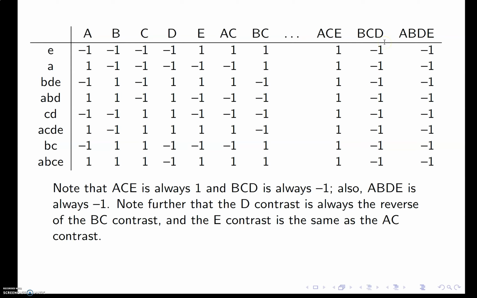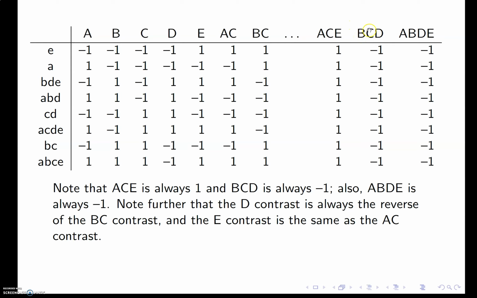And so as a result, we see that A, B, D, E, where does that come from? Notice we have A and B from our two defining contrasts.